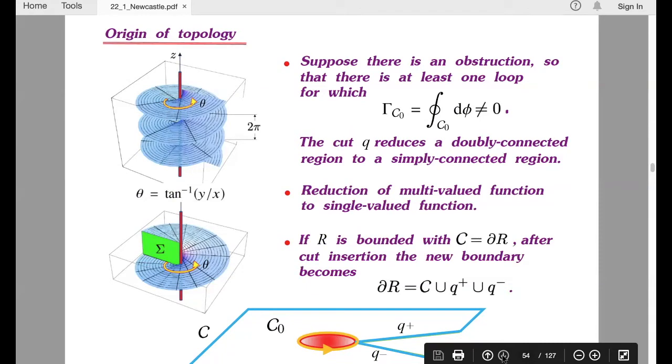So the new boundary of the bounded region R is now the previous piece of boundary C plus the positive and negative parts of the cut.